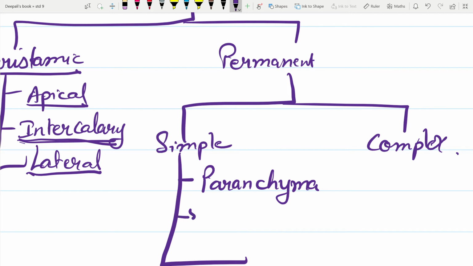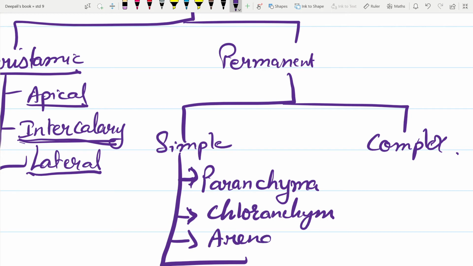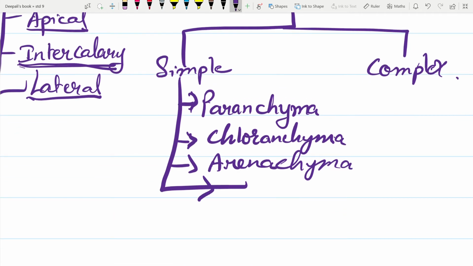If it is performing the function of photosynthesis and has chlorophyll in it, it is called chlorenchyma. Aerenchyma helps in increasing the air volume, and last you have the sclerenchyma, which gives rigidity and support.